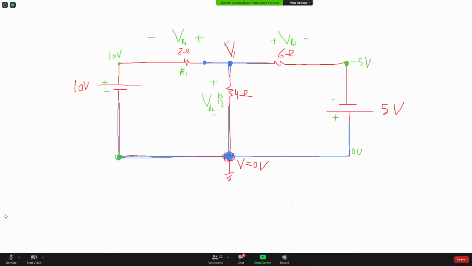We said it's V1. What is the voltage at the other side? 10. So what is VR1? 10 minus 5. No. V1 minus 10. The voltage here minus the voltage here, right?